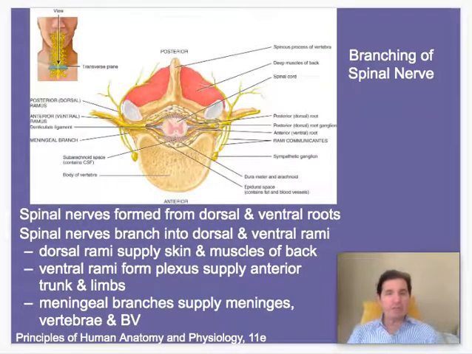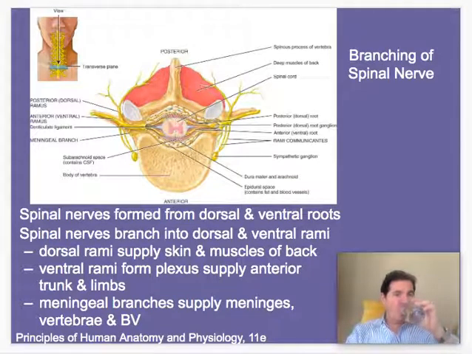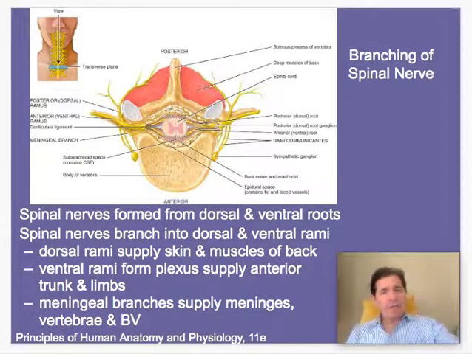So when we look at the spinal cord, here's another image of the spinal cord. Now this is a diagram, but it also shows the bone. So you'll notice, here's the spinal cord, here's our roots. Notice how small they are. And then we have the bone around it, the vertebrae bone.